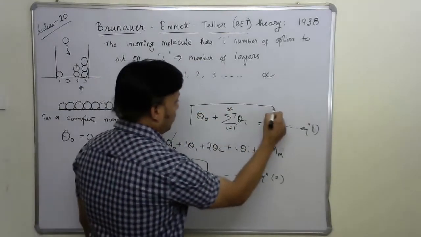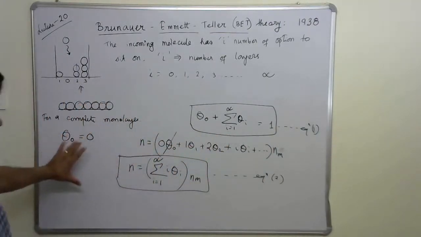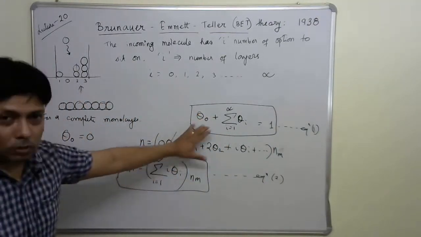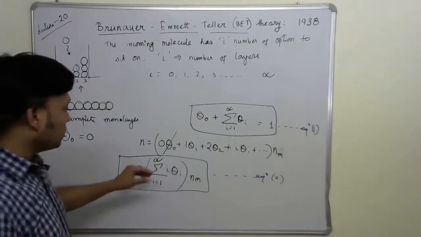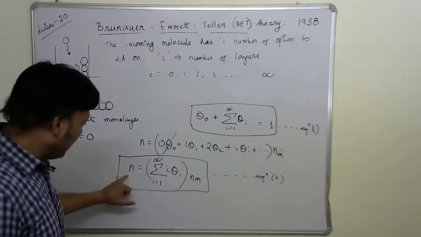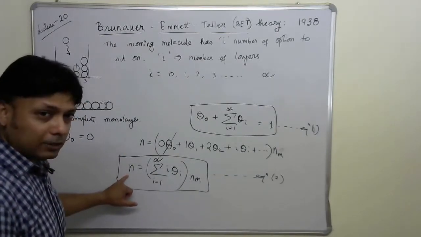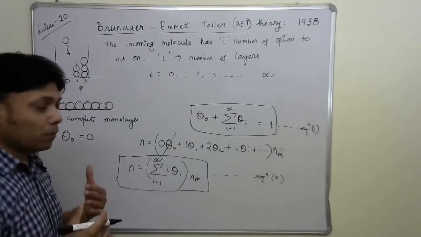All right, so this is another form of equation 1. So finally we have these two consolidated expressions for theta. So why are we doing that? Now we can connect n, the number of gas molecules adsorbed at any time, with theta. So what is our next job?